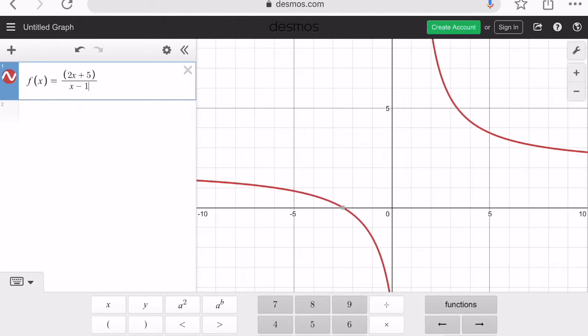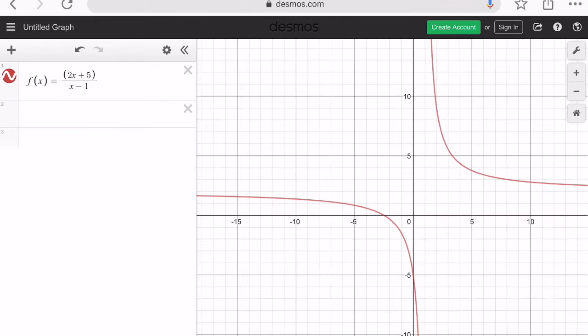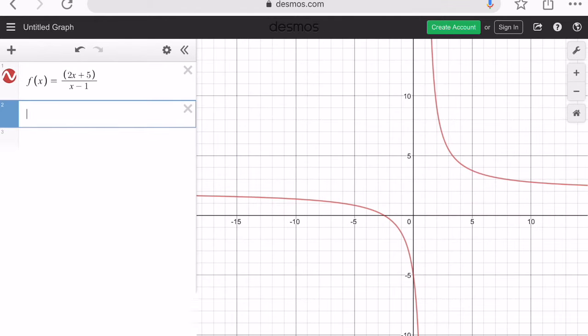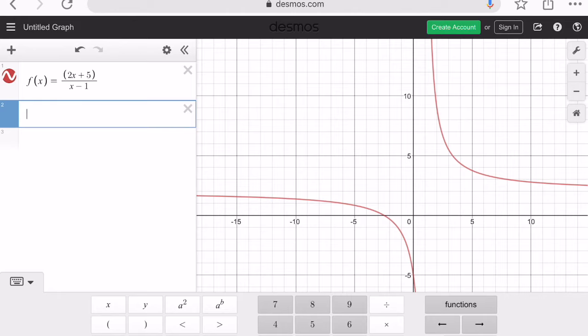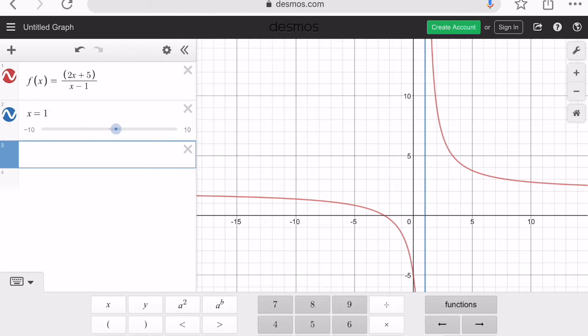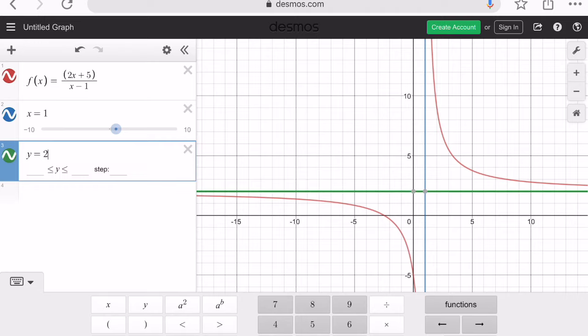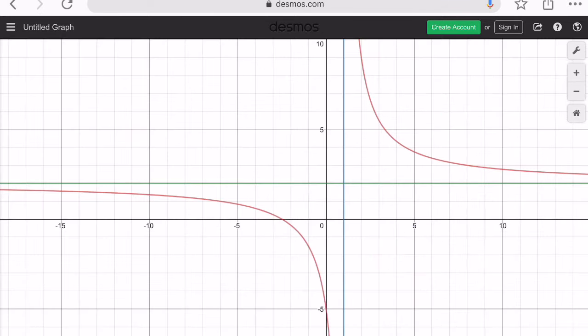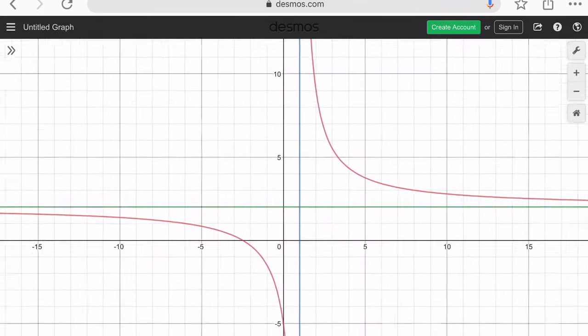And I'm going to type two lines. One of them will be the vertical asymptote at x equals 1. And the other one will be the horizontal asymptote at y equals 2. And let's look at the graph now. And look, you see.